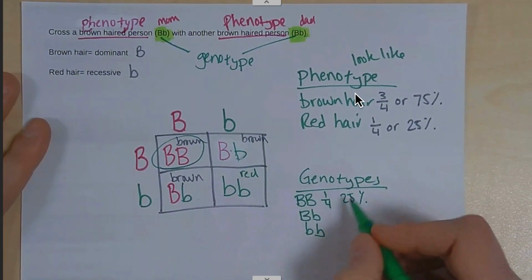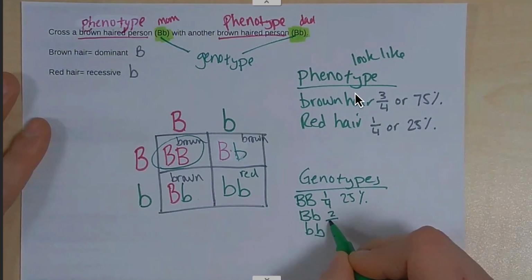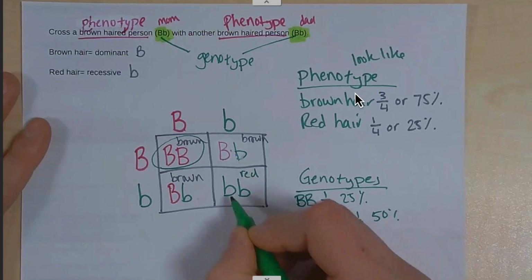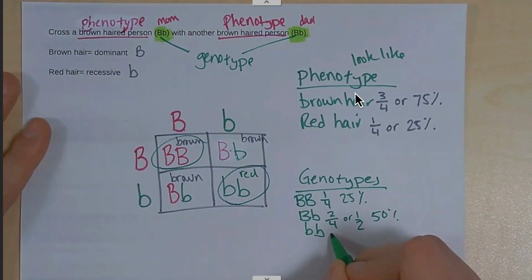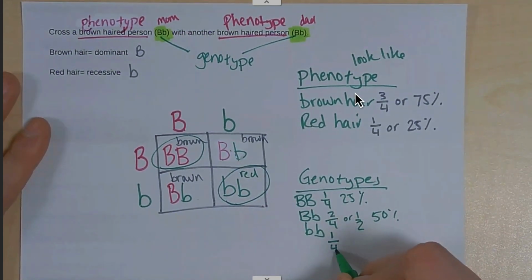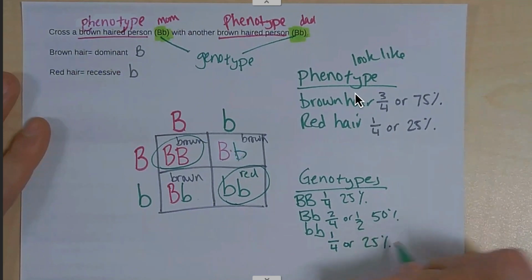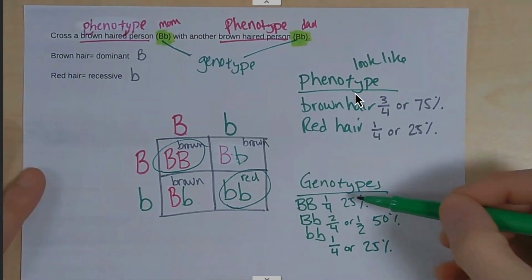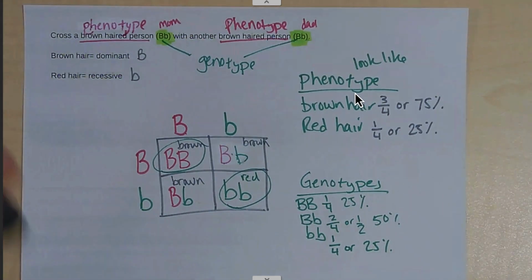For heterozygous, we've got 1, 2, so 2 out of 4, or 1/2, is 50%. And we have 1 lone one right there, 1 out of 4, or 25%, is going to be homozygous recessive. And you should notice that they should add up to being 100%.